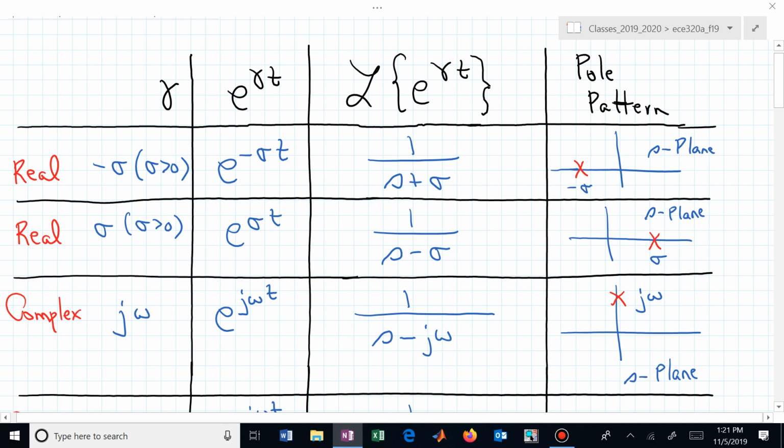Meaning, we could have a transform expression, capital X of S, and that might represent the Laplace transform of a signal in time, little x of t. Okay, you've seen that. That's now little x of t is e to the minus 2t, for example. We could now Laplace transform that capital X of S as 1 over s plus 2.